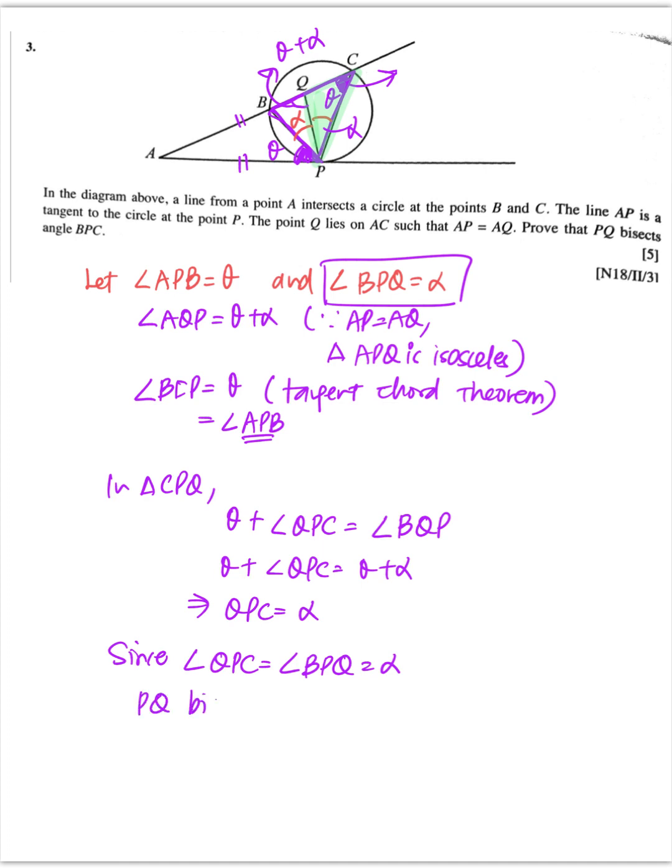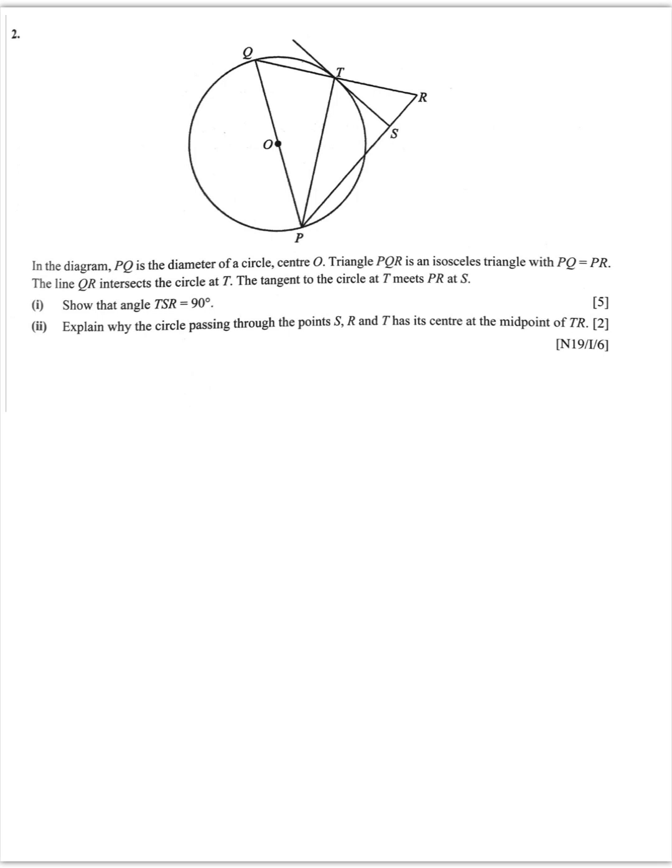PQ bisects angle BPC, shown. Okay, so this is in 2018. Easily done. Okay class, this is in 2019. Now in 2020 there wasn't any proof in Geom because of COVID, so that was the last topic. So let's see what is in 2019.